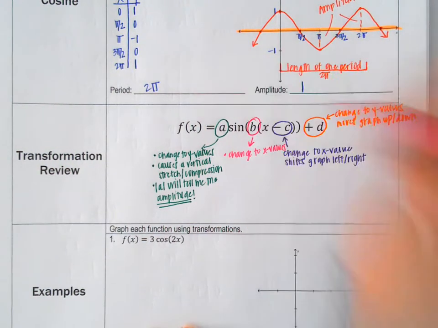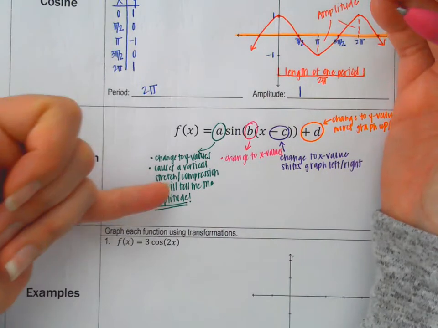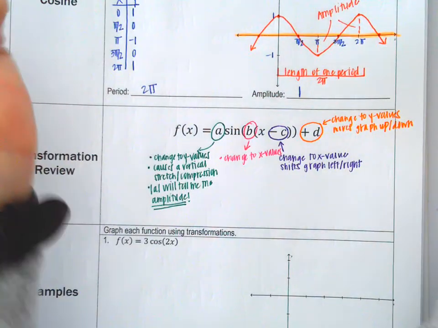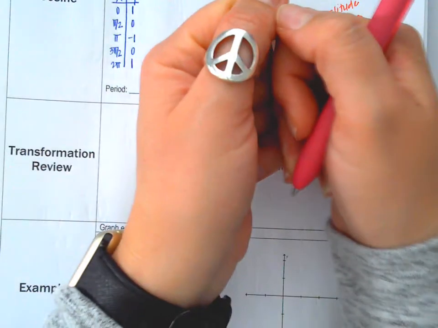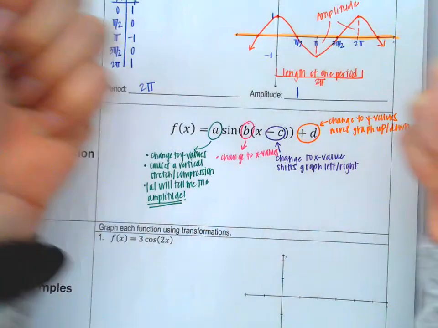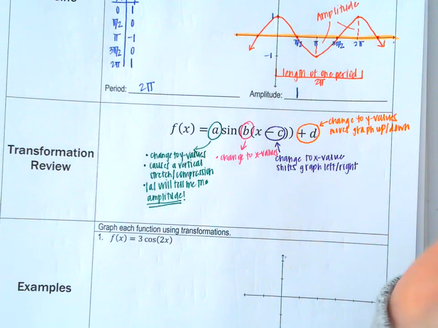Now, what this does, very similar to this one, it's like an accordion. It causes a horizontal stretch or a horizontal compression. So it's like either pulling it out and stretching it or pushing it together and compressing it.